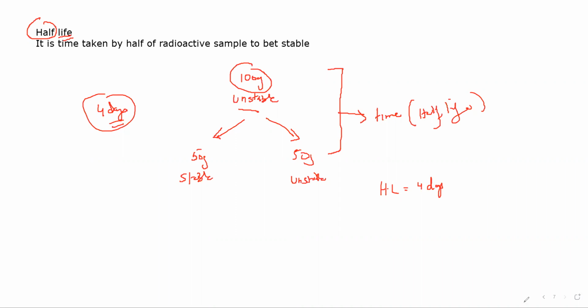Originally 100 gram is unstable. Then after 4 days, you're left with 50 grams stable and 50 grams unstable. So half of 100 is 50. When compared to the original value, when you're left with half of the unstable sample, you call that time interval the half-life.